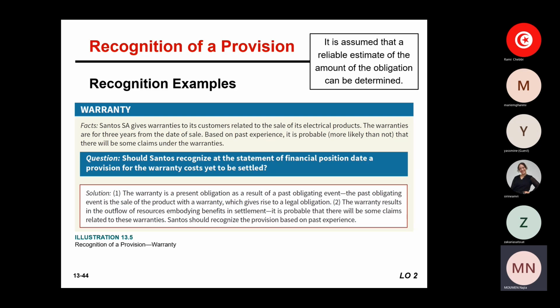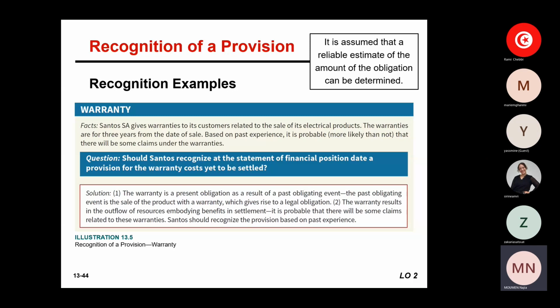Because there is a probability that there will be some claims under the warranties. You may be asked, for example, to replace what was purchased or repair it or whatever. So you will be using some of your resources to satisfy these claims that are likely to be probable, based on prior experience.